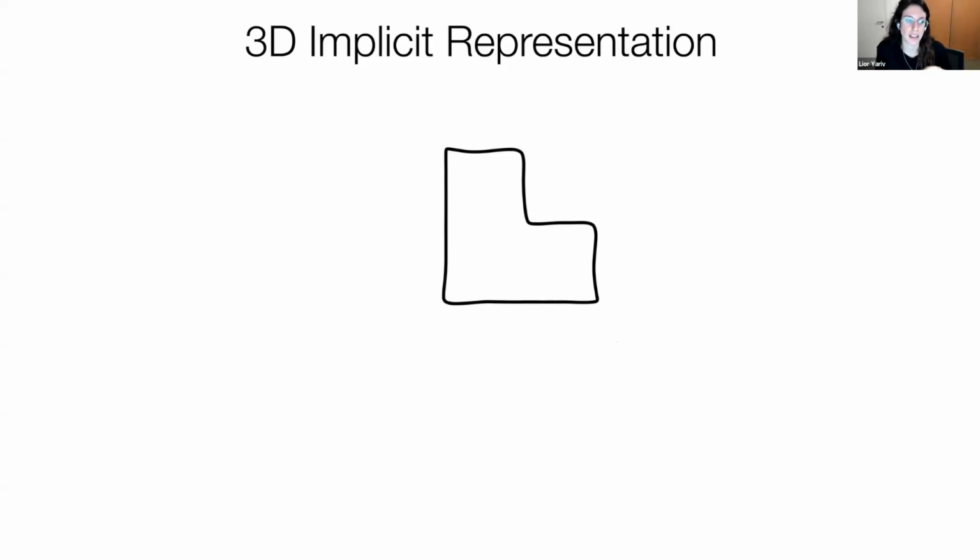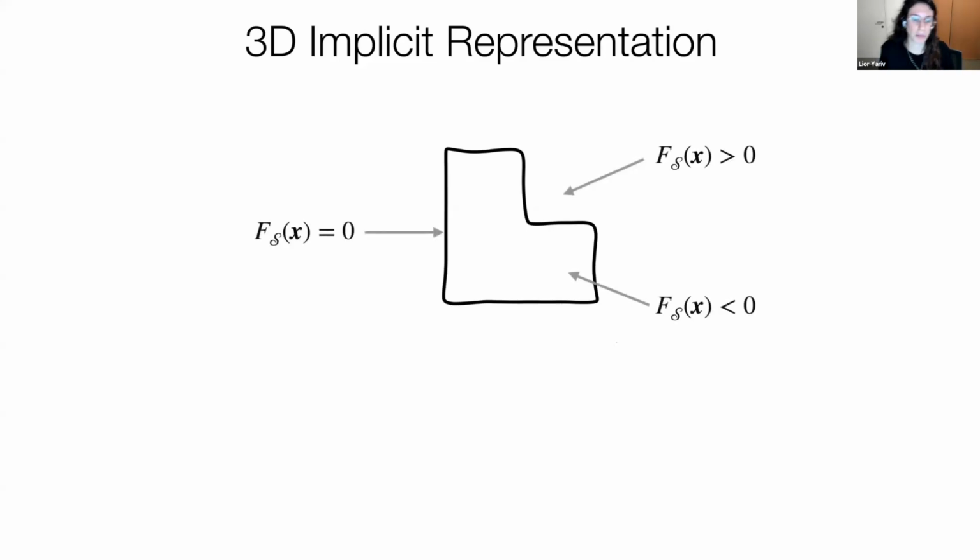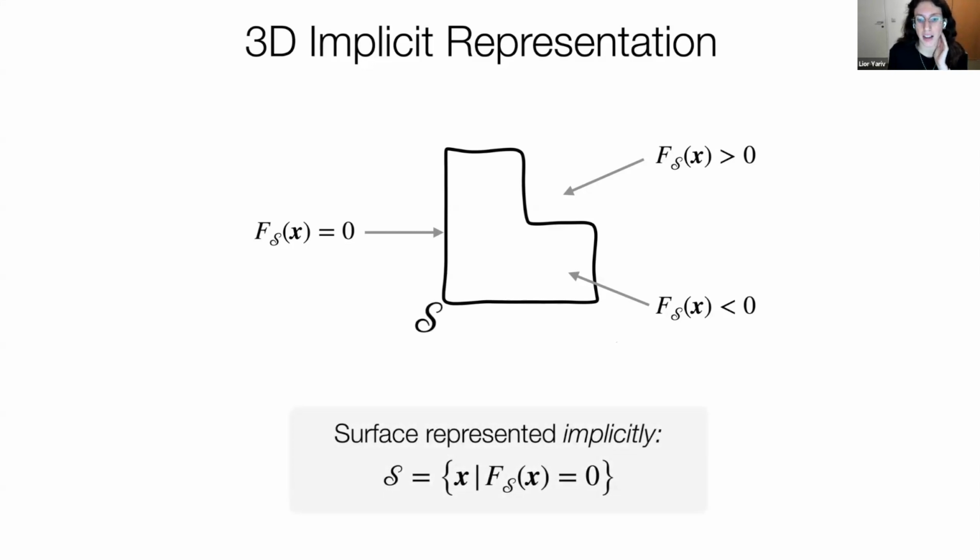We want to represent this surface as a line, and we do that using implicit representation. The idea behind implicit representation is to define an implicit function that is, for example, negative inside, positive outside, and zero only on the surface itself. In that sense, we say that we represent this surface implicitly as the zero level set of this function, meaning all the points where this function is zero.